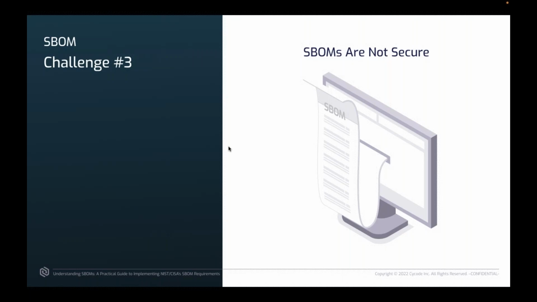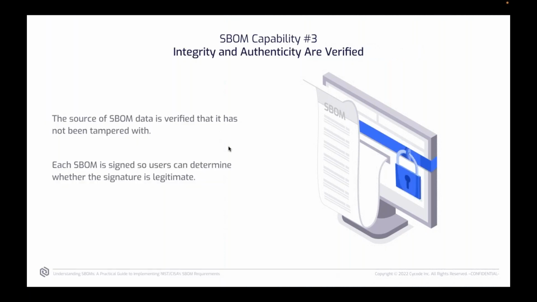And so the solution to this is to make sure that the source of your SBOM data is verified, that it hasn't been tampered with. So that involves signing each SBOM, and that way users can determine whether your SBOM is legitimate and accurate and hasn't been altered, and then matches with the actual application.